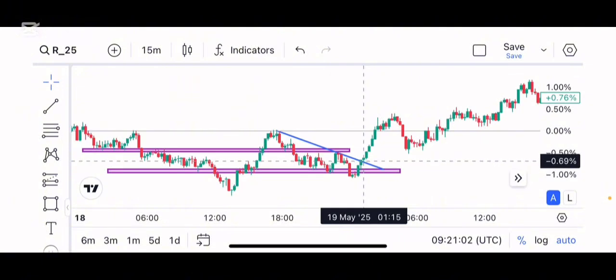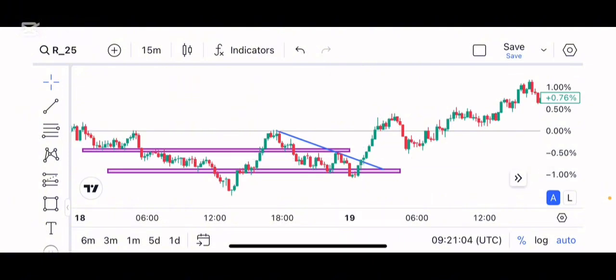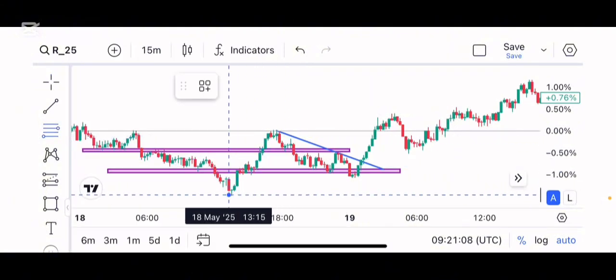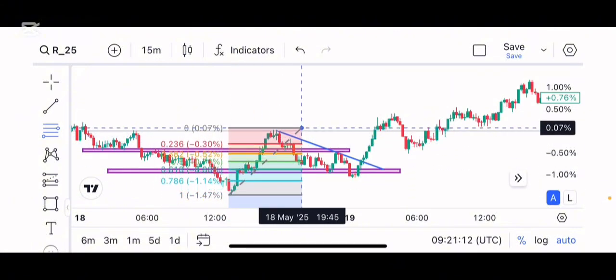Now, when the market breaks this point, what you're going to do is take out the Fibonacci retracement to test where this retracement has started happening. So I'm going to draw this Fibonacci retracement. So we can see, I'm going to drop it there.